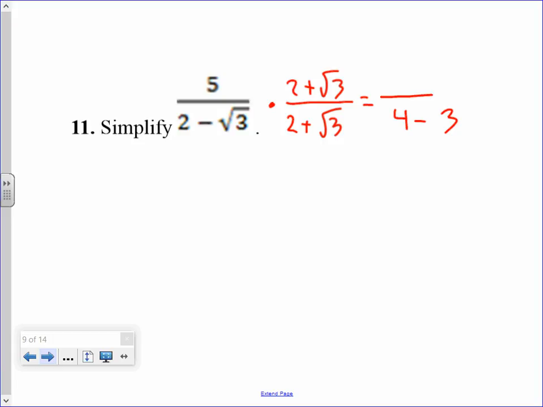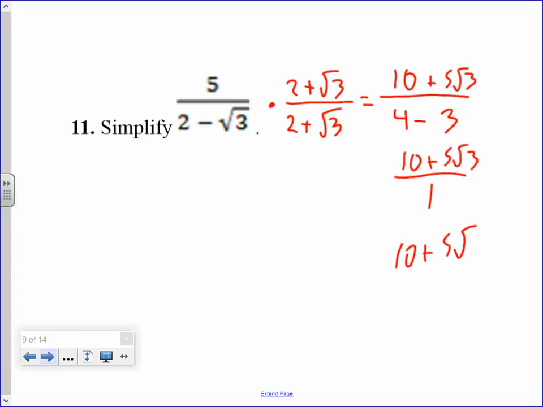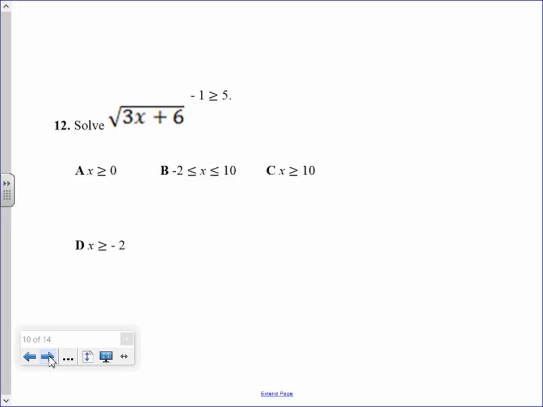And then on top, you get 10 plus 5 root 3, which ends up being over 1. But you'll see that more after this week.